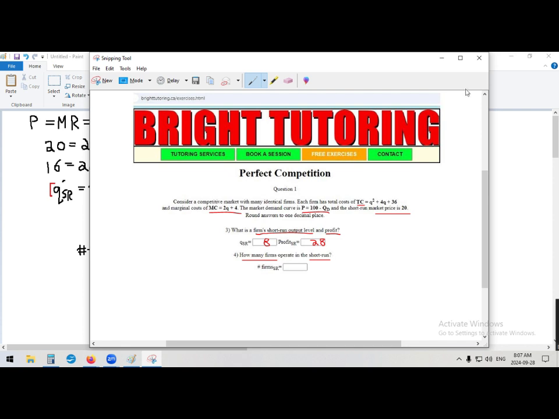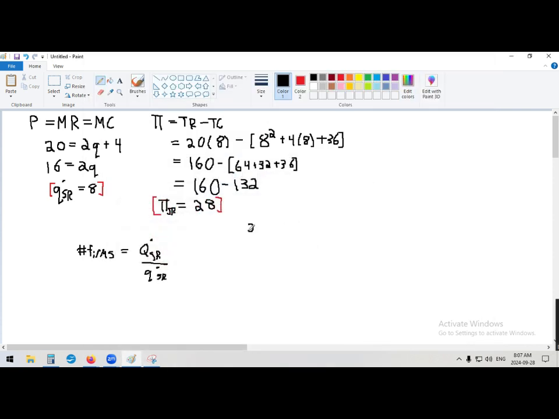Since we know the market price is 20, so I say, okay, the market price is 20, 100 minus the market quantity. So your market quantity here in the short run is going to be 80. So here we have 80 divided by 8.